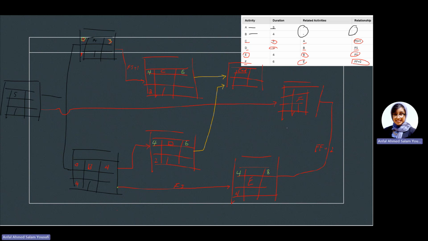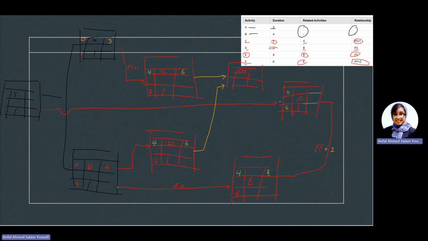Let's do F. So F is having one input in here, which is 0. What is the duration for F? It is 6. I forgot to write that. Okay. However, it is telling me finish plus 2. Meaning if I finish this one in 8 days, if it was a finish, I can only finish this one in day number 8. But it is telling me finish plus 2.